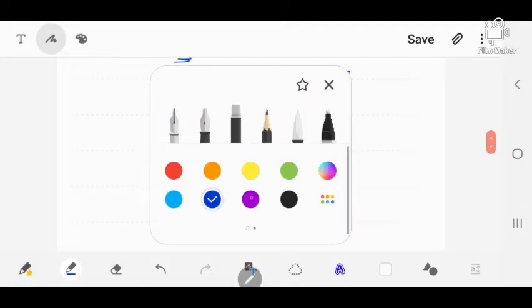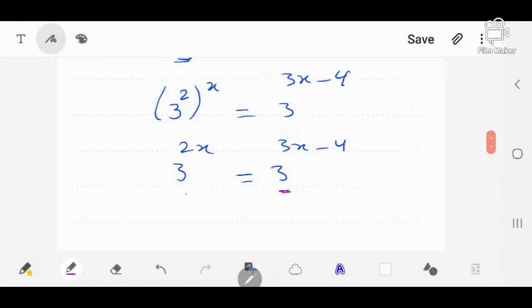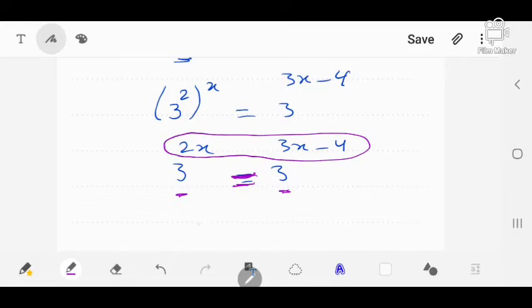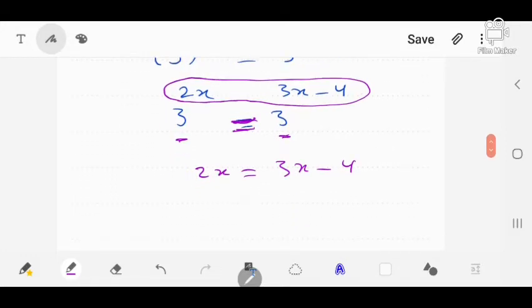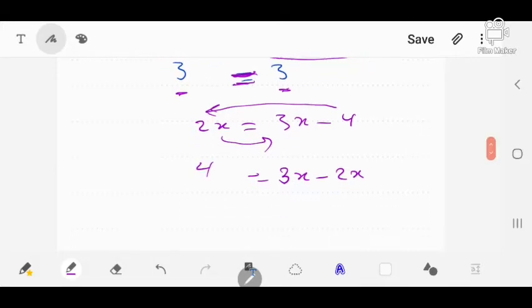In this stage we have same bases and they are equal, which means exponents should be equal too. So 2x should be equal to 3x minus 4. How do we solve this? We combine like terms, we put them all on one side. So 3x minus 2x should be equal to, we move 4 to the other side, should equal 4, which means x equals 4.